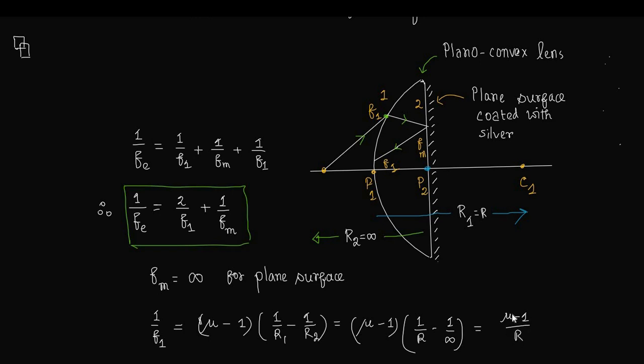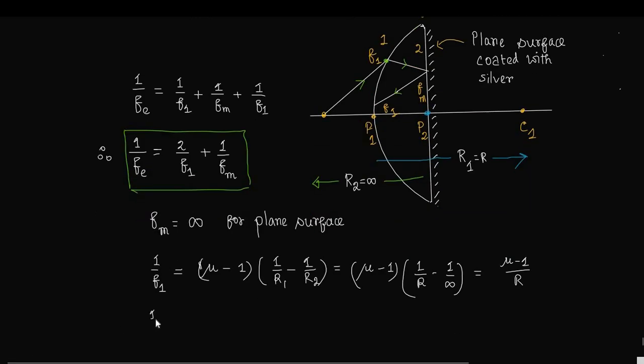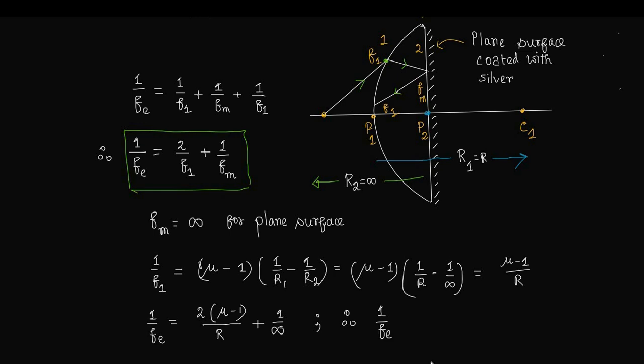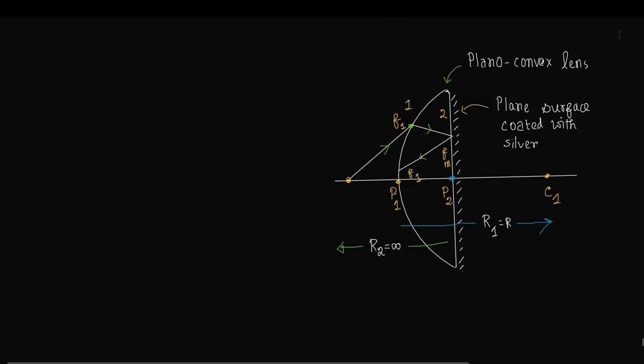So finally 1 by f1 is equal to (mu minus 1) by r. Therefore 1 by Fe is equal to 2 into (mu minus 1) divided by r plus 1 by fm, that is 1 by infinity. Therefore the reciprocal of equivalent focal length, 1 by Fe, is equal to 2 into (mu minus 1) divided by r. That is the reciprocal of the equivalent focal length of a plano-convex lens whose plane refracting surface is coated with silver.